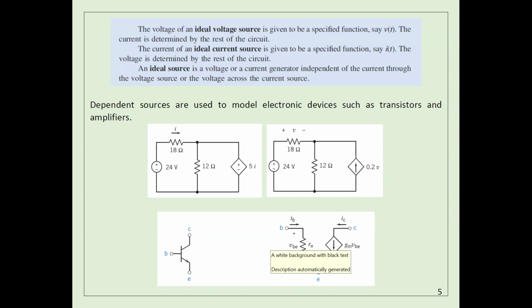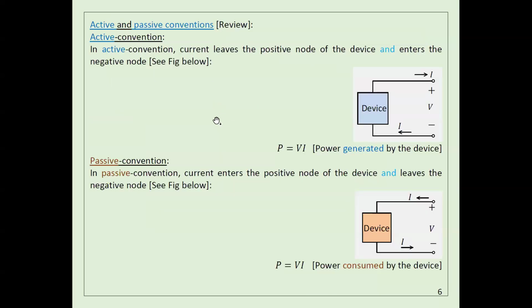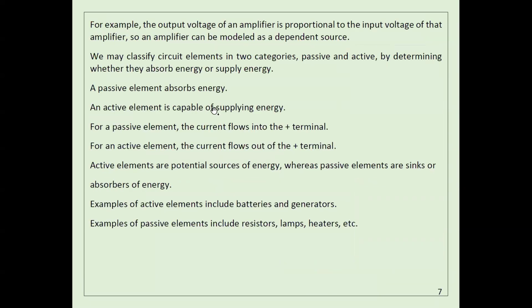The only difference between dependent and independent is that the amount of current here is proportional to a certain part of the circuit. So if you don't change VBE, the current here is constant, and by changing the resistance, the voltage changes. Anyway, that's what I explained last time.